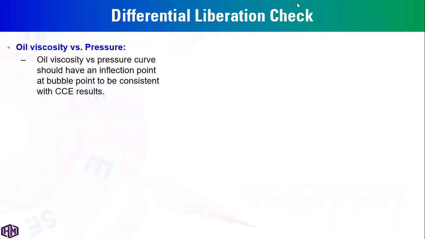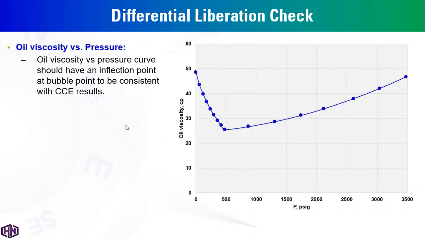Also, the oil viscosity against the pressure is to check this inflection point at the bubble point. The standard behavior of oil density or viscosity, as you can see above the bubble point, is expansion of oil without release of the solution gas.